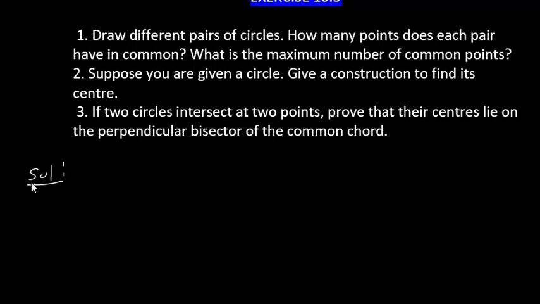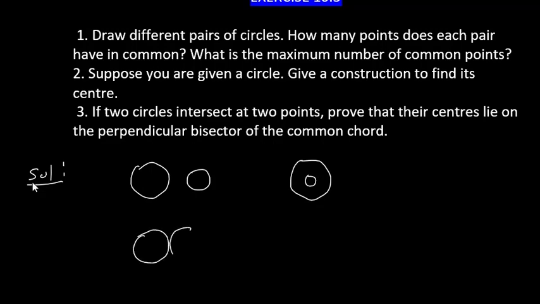you can draw different pair of circle, like I have drawn this as one pair, I have drawn this as other pair, I have drawn this as third pair, and I have drawn this as fourth pair.